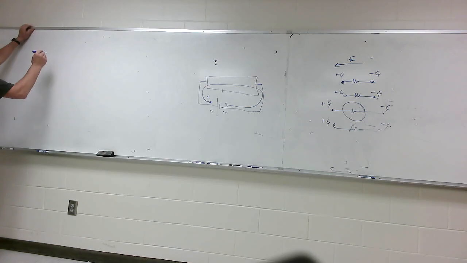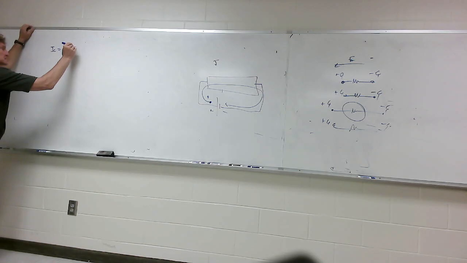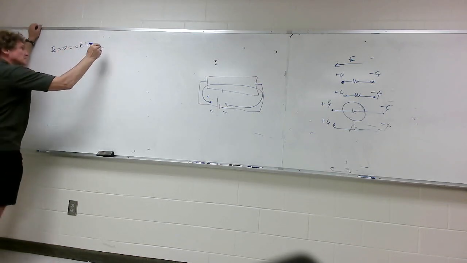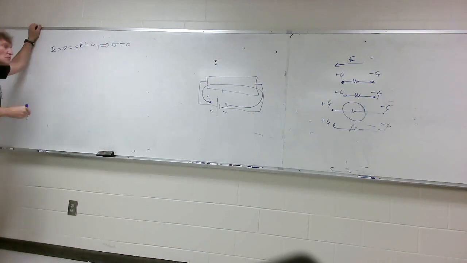Let's assume the conduction current density is 0. That means sigma E is 0, and if E isn't 0, it implies that sigma is 0. So there's no real conductivity in the sense that anything can flow through the thing. You with me? It's bound.